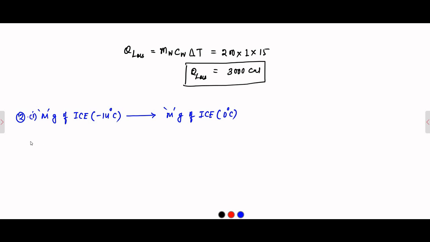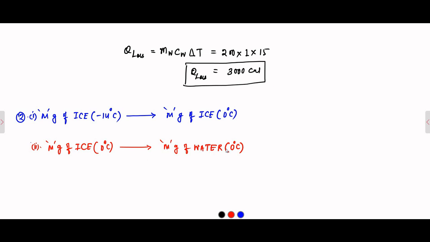Then the m grams of ice at 0 degrees Celsius will undergo transition to m grams of water at 0 degrees Celsius.